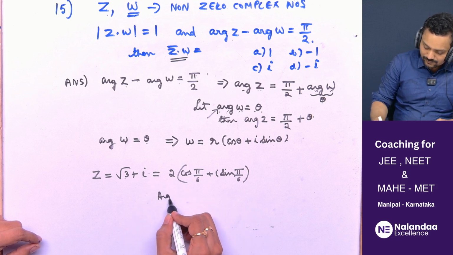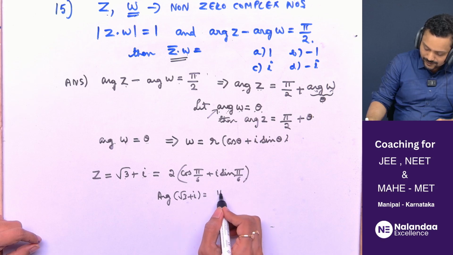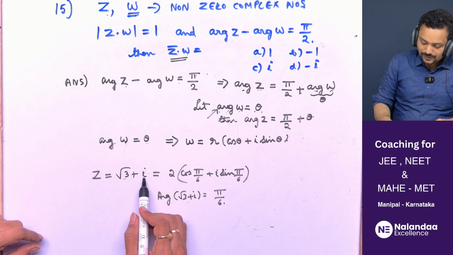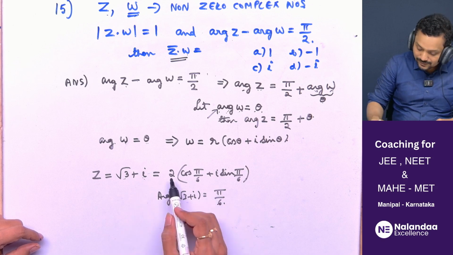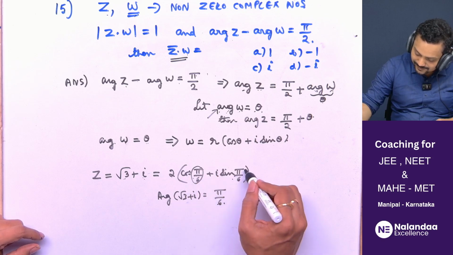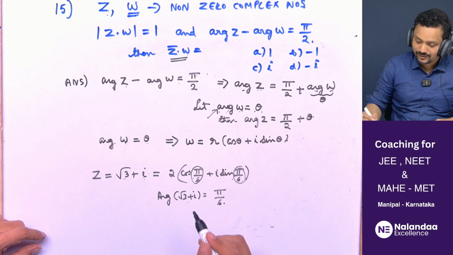The meaning of argument of root 3 plus I equal to pi by 6 is that there will be a polar form of that, with cos and sine, and the angle that comes will be pi by 6. That is the meaning of argument.